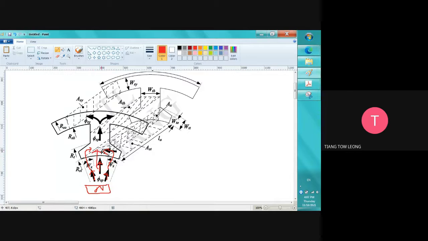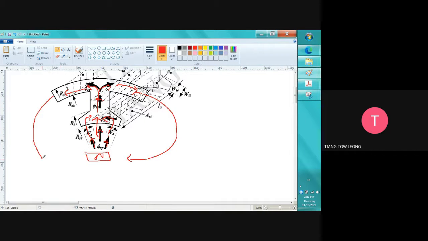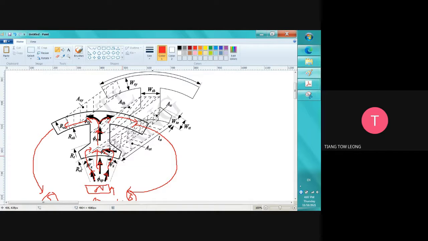Then it goes in and splits into two. Then it comes back again, like this, to a south pole. This is a south pole, and this one is a south pole. The south pole is where flux goes in, and the north pole is where flux goes out. This is how the flux flows.